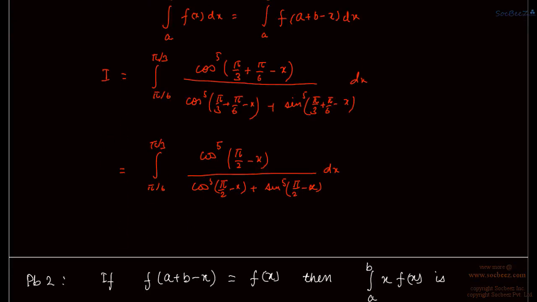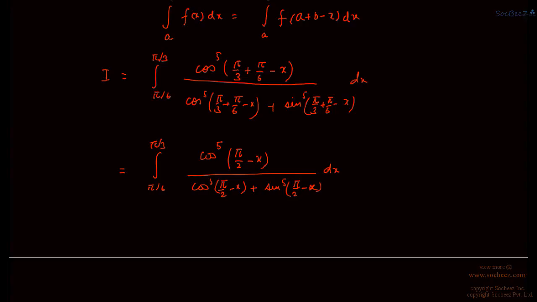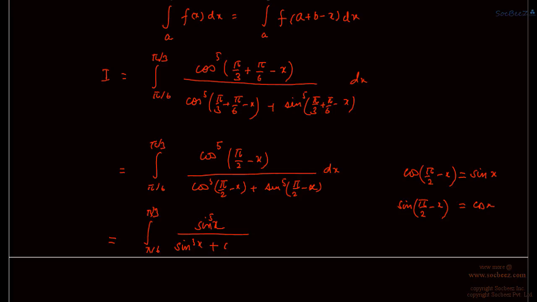Okay, so cos of pi by 2 minus x can be written as sin x, right? And sin of pi by 2 minus x can be written as cos x. So we have from pi by 6 to pi by 3 sin 5x upon sin 5x plus cos 5x dx.